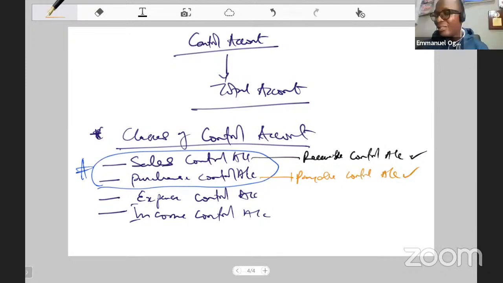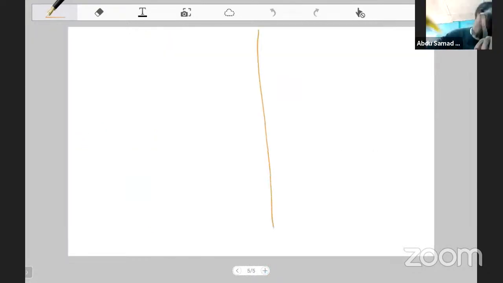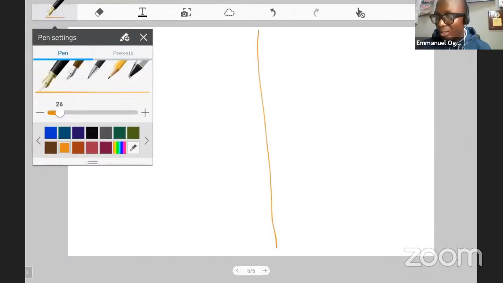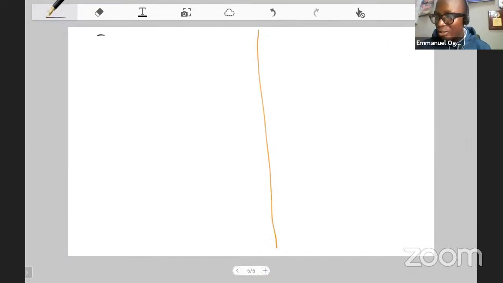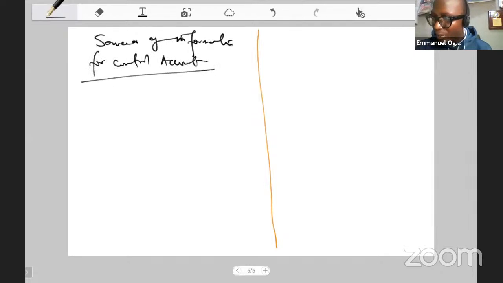Now, one fundamental thing: the next thing we are going to ask ourselves is, what are the sources of information for control account? That means if you want to prepare a control account, what are those sources of information?